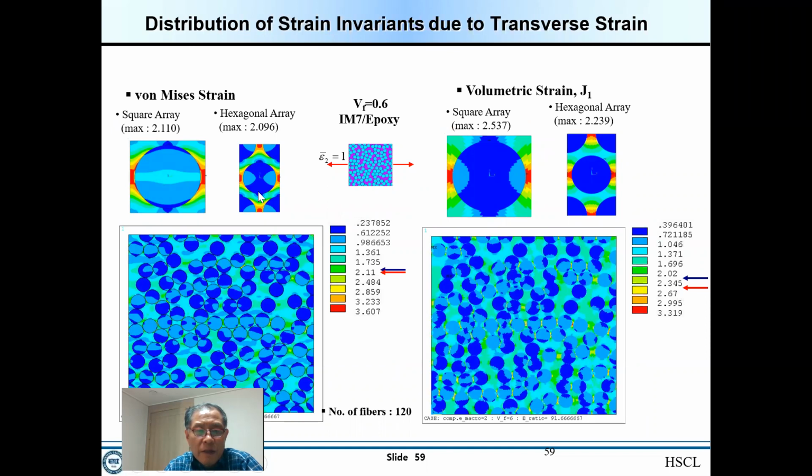Now we compare the stress distribution of the unit cell like that. This is the square model and the hexagonal model, and this is the random fiber model where we consider 120 fibers.